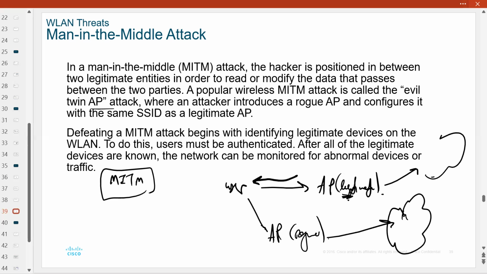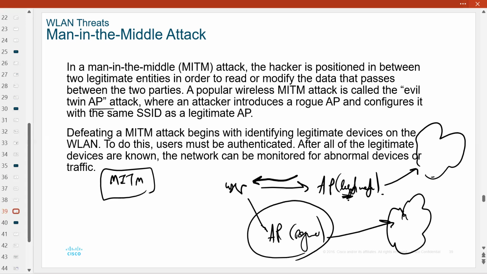This is the internet. But the problem is that now you have your data going through a rogue access point. The man in the middle gets access to your data, gets access to your packets, and that's a problem. So this is what a rogue AP is, and this is how it gets introduced to the network.